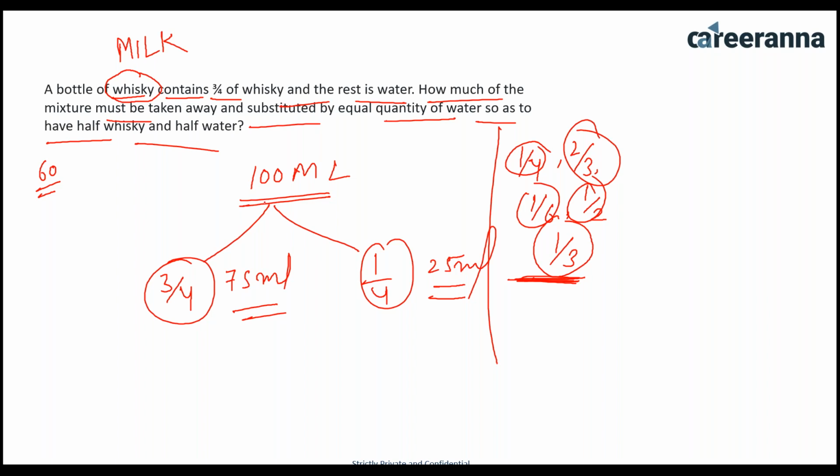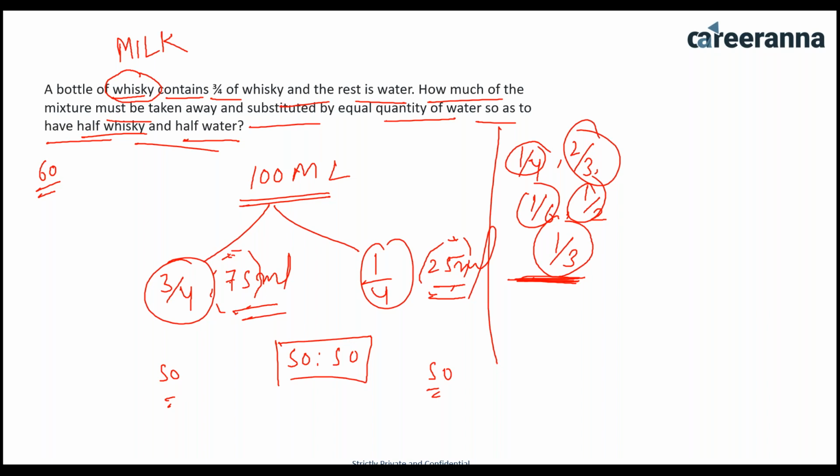Okay. Now, as per the question, I have to make half whiskey and half water. That means it should be 50-50. That means I have to remove 25 from this and add 25 here. Then I'll make it 50 and 50. So how can I do this?